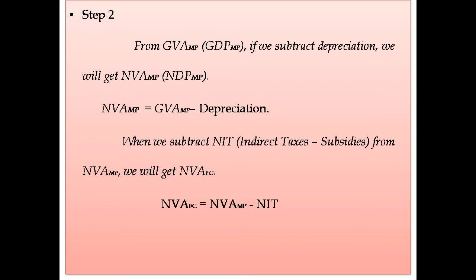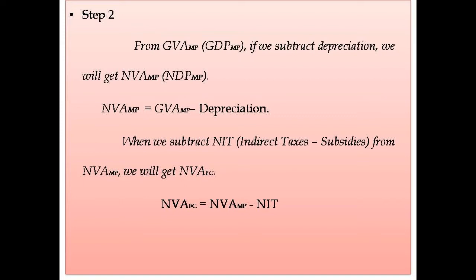Now, suppose you calculated GVA-MP. From GVA-MP, if you subtract depreciation, consumption of fixed capital, you will get NVA-MP, net value added at market price. I already told you in the last video that the difference between gross and net is depreciation.